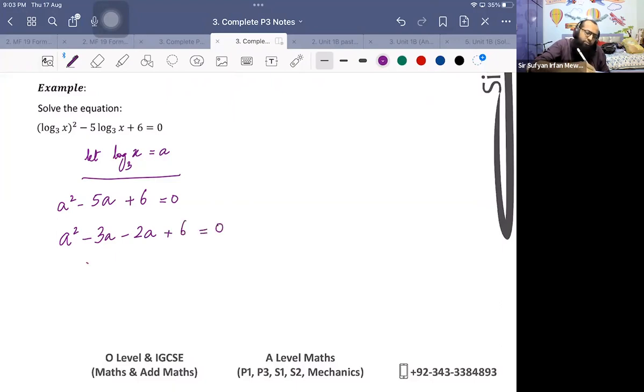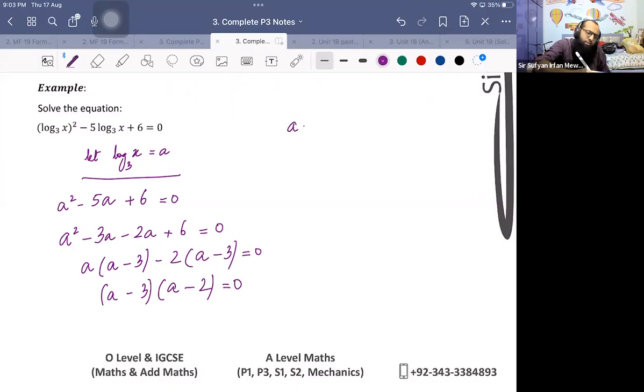So a is taken as common. a minus 3, minus 2 taken as common. a minus 3 equals 0. Then a minus 3 taken as common, and we'll get a minus 2 equals 0. We'll get two values: a equals 3 or a equals 2. But these are not the final answers because we have used substitution.